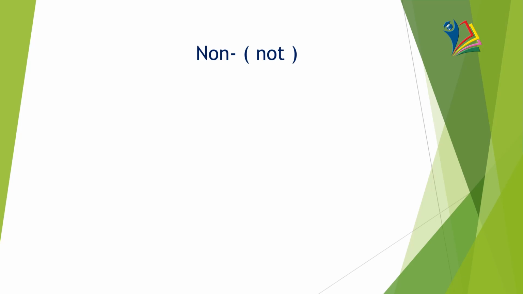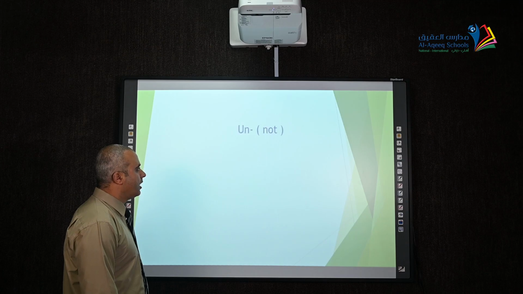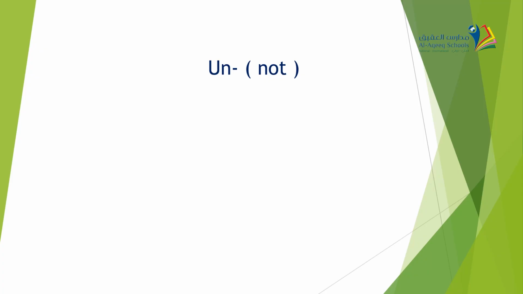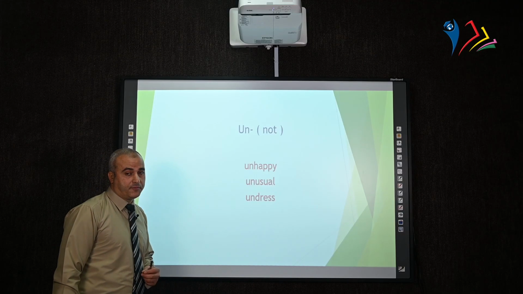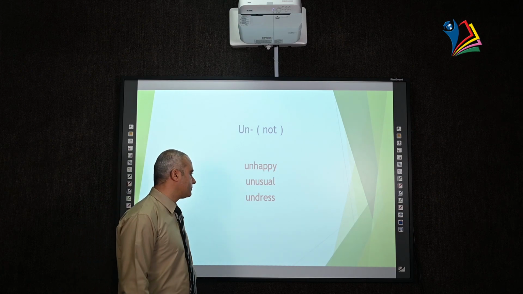Non means not: non-fiction, nonsense, non-smoking. Un means not, it gives the opposite meaning. Unhappy, unusual, undress. Okay, these are various examples of negative prefixes that we can add to the beginning of a word.